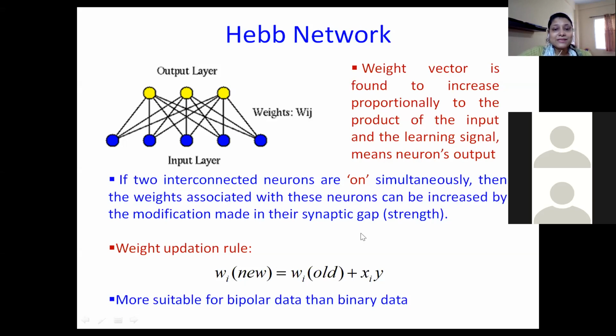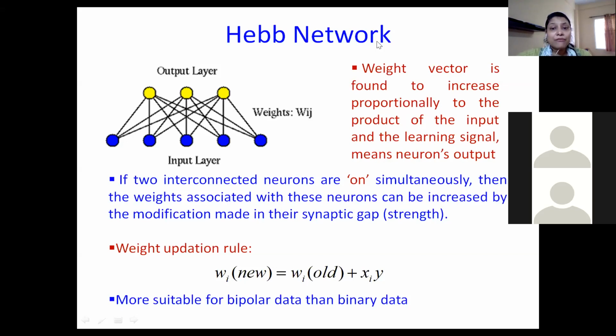Now whenever we have this kind of weight matrix, we have a weight vector which is going to increase proportionally. Why? Because when we talk about the Hebbian network, a particular mathematical computation happens whenever we update the weight matrix.